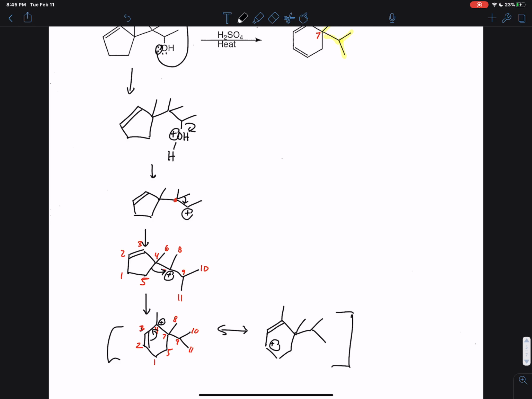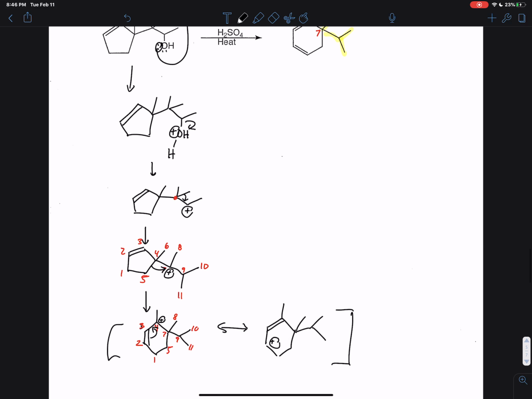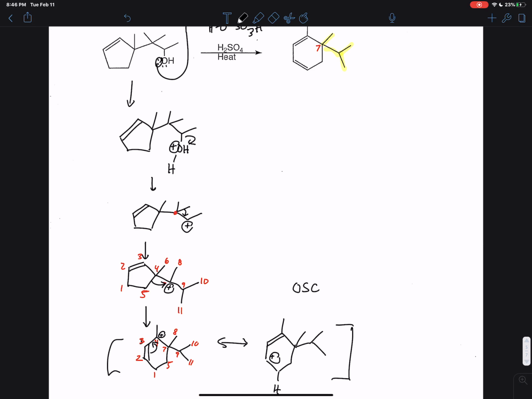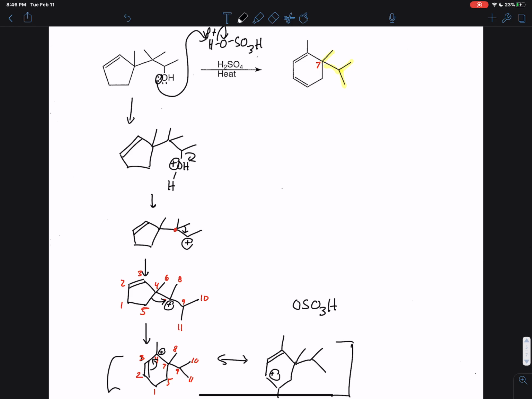Okay. And now what's different between these two? The double bond, right? So remember, we have a proton right here, right? So what can we use in order to pluck off that proton from the double bond? I mean, you formed water as your leaving group, so you could have used water too, but let's just use the conjugate base just for fun.